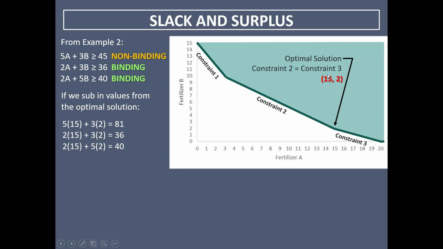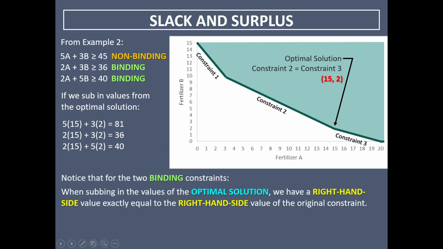If I sub in the optimal solution into the left-hand side of my inequality of the constraint, I should find that I end up with the exact same value as my right-hand side value. So constraint 2 that was binding, my left-hand side at the optimal solution equals exactly 36, the exact same as my right-hand side. Constraint 3, subbing in the optimal solution, I end up with a left-hand side value of 40, the exact same thing as my right-hand side value of 40.